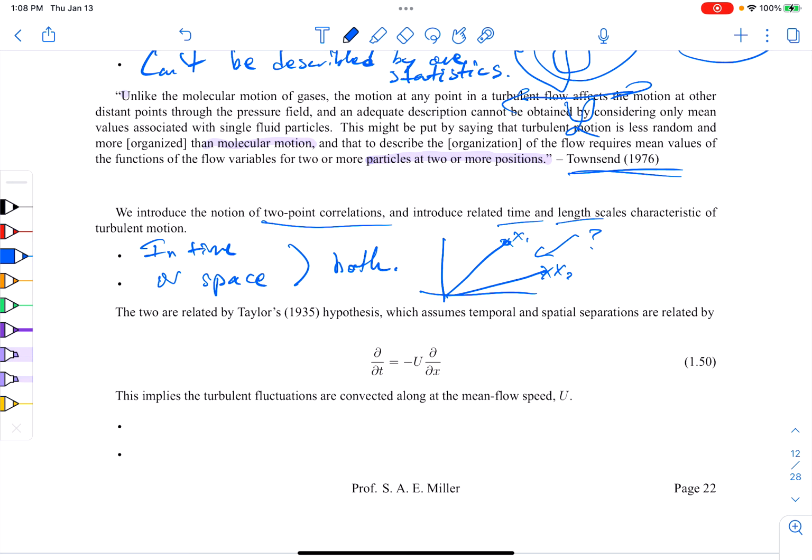In this case, I have 2 different points and 2 different measurements, separated by some space with a vector, say r, and I don't even have to be measuring the same quantity. For example, one probe might be measuring temperature, and another probe might be measuring velocity. But for now, we'll just look at 2 velocity components in a turbulent flow.